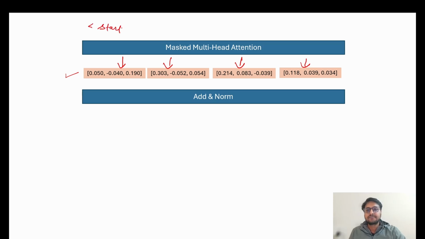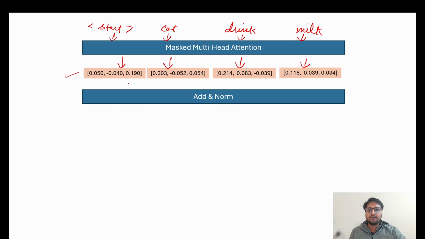Start, cat, drink, milk. We pass embeddings of these words into the masked self-attention block, and it returns four vectors of size 3.